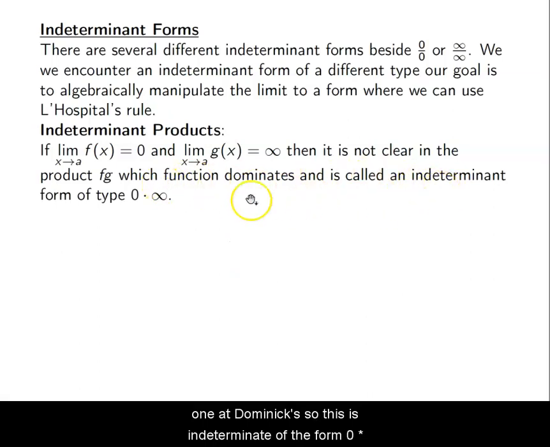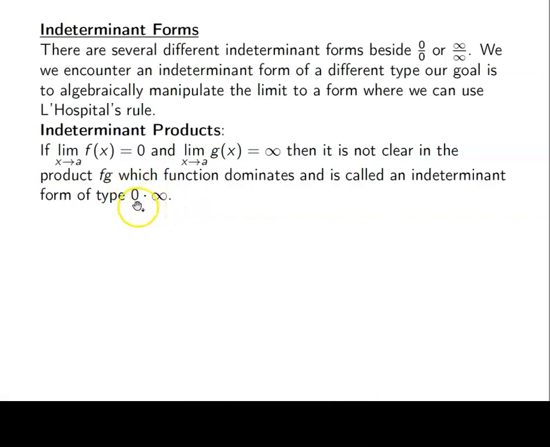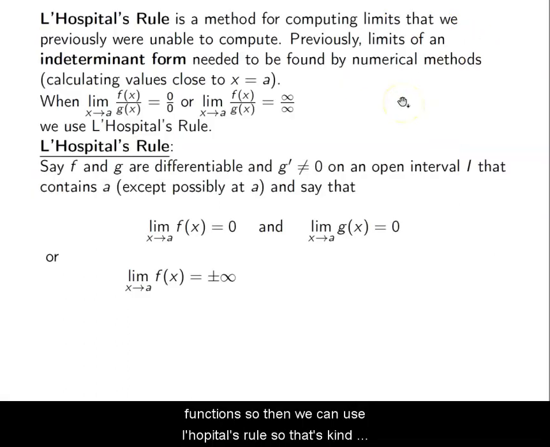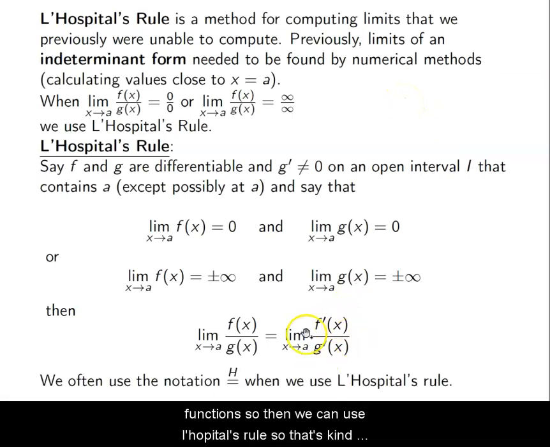So this is indeterminate of the form 0 times infinity. So if it's clear which one grows faster, then you can just say, oh, it goes to 0 or it goes to infinity. But if it's not clear which one goes faster, we have to manipulate this algebraically so it turns into a quotient of functions, so then we can use L'Hopital's rule.